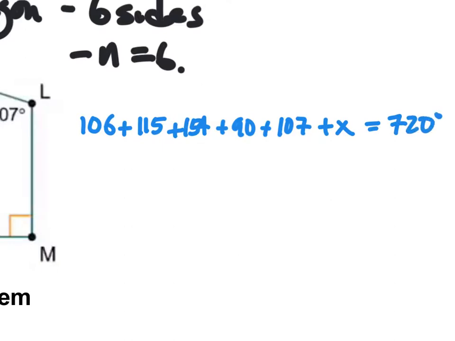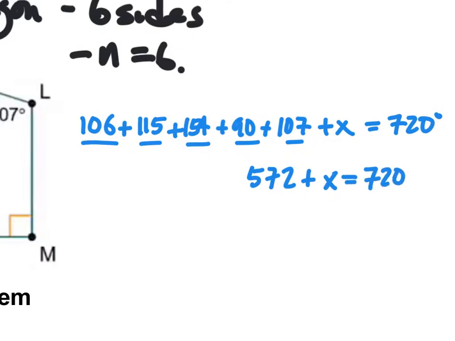So let's combine our like terms. Let's add all these numbers up. I'm going to use a calculator. If I've got 106 plus 115 plus 154 plus 90 plus 107, then that's going to give me a total of 572 plus x is equal to 720 degrees.